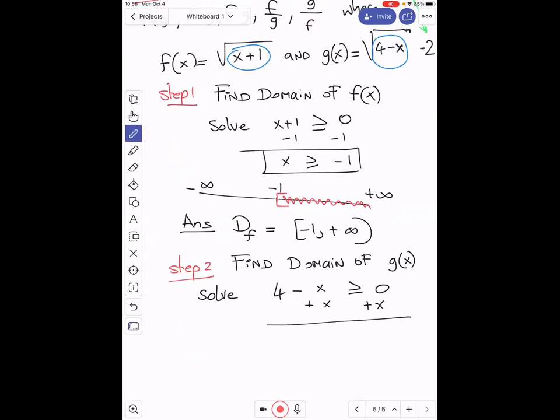Once you add x, it's going to be 4 on the left and exactly x on the right side. So what we are saying is that 4 is larger or equal to x. If 4 is larger than x, it means that x is less than 4. So in other words, x is less or equal to 4.